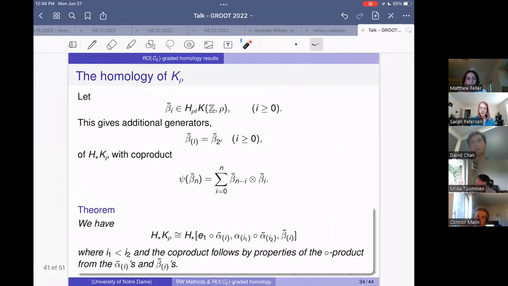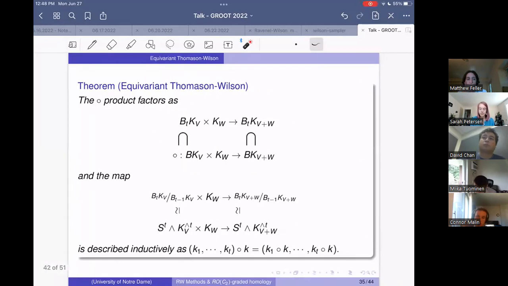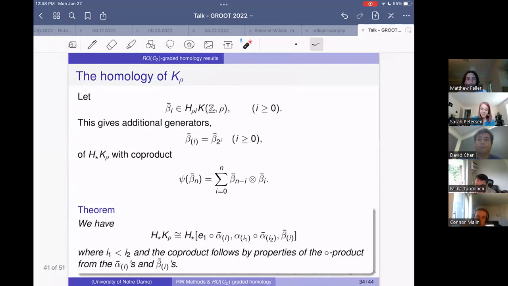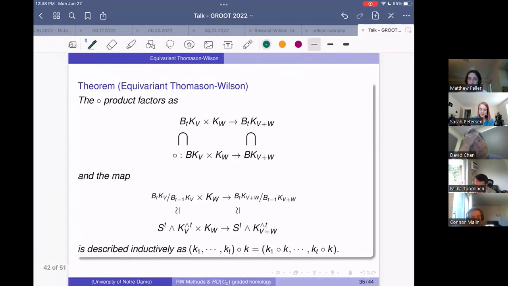So from K rho, we can move on to having one sign representation plus a number of trivial representations. So we can continue doing trivial representation de-loopings on this.